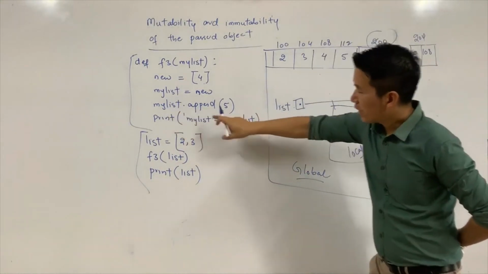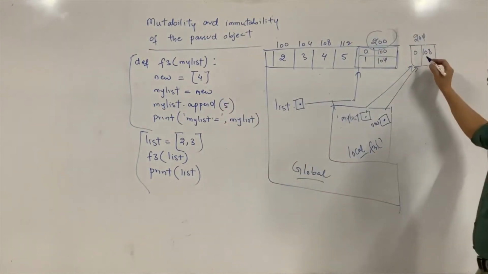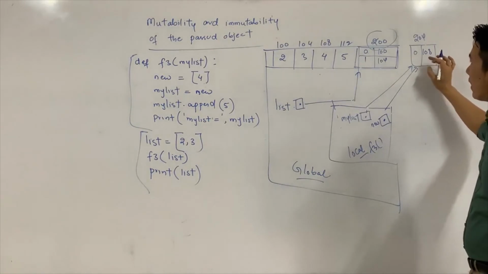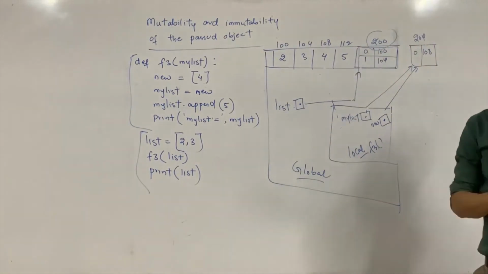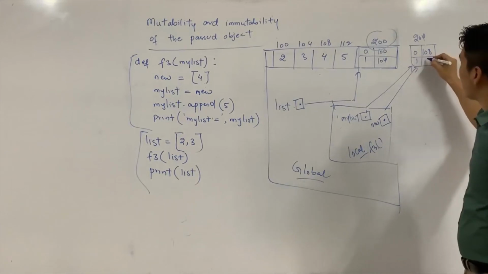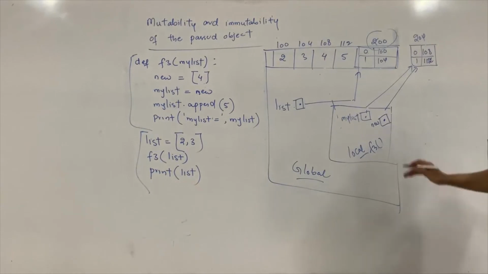Let's say I make a change. My list dot append 5. Okay, so I append 5 to this. Where is 5? 5 is stored in memory address of 112. So you will have the new index with the address of 112. Okay.